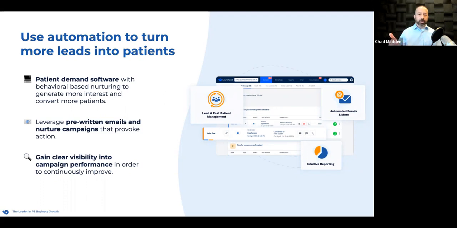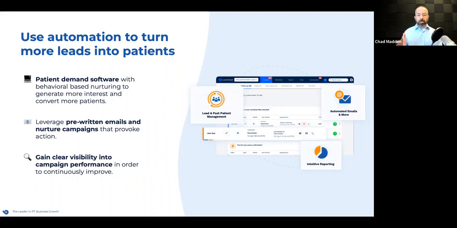Once you get people to raise their hand, to click on your Google ad or your YouTube ad and share their information, or whatever that call to action is, we want to make sure that we don't lose that gift, that positive thing that happened with our advertising. The way to do that is through automation and ultimately software, software that automates this process.